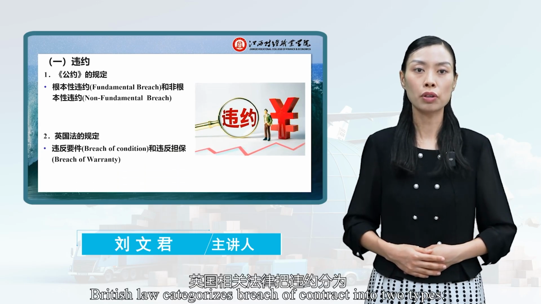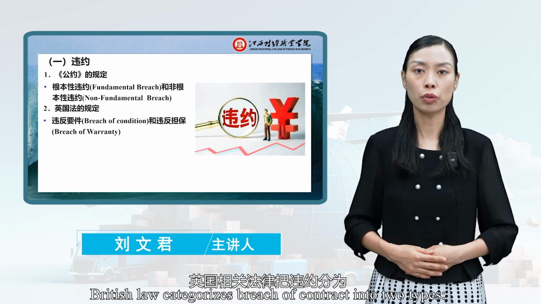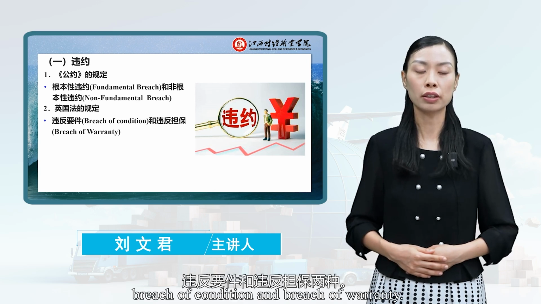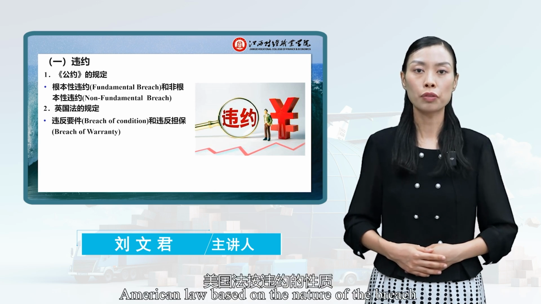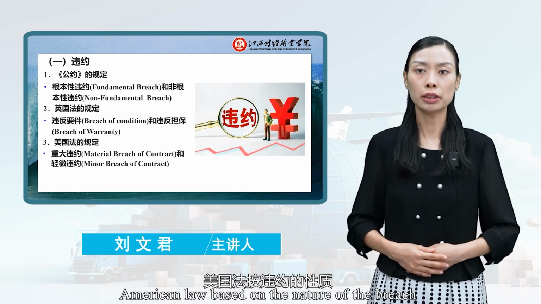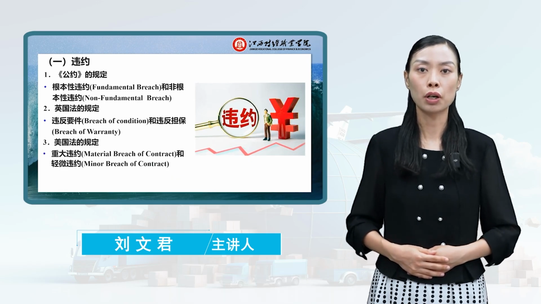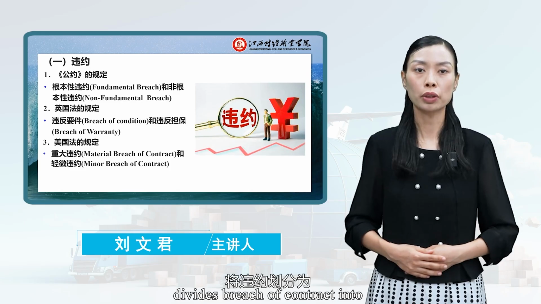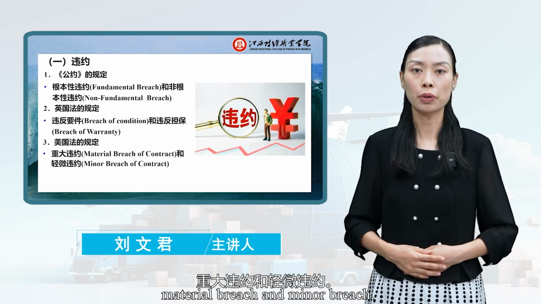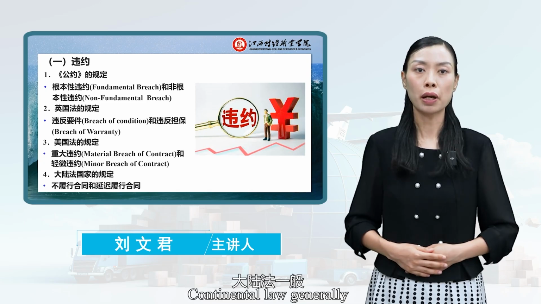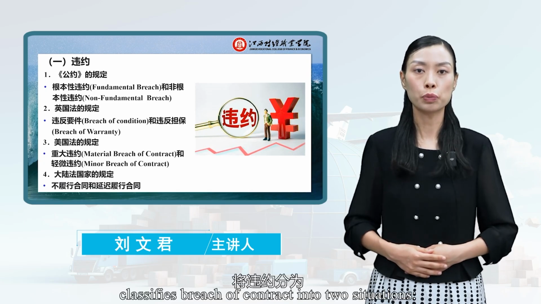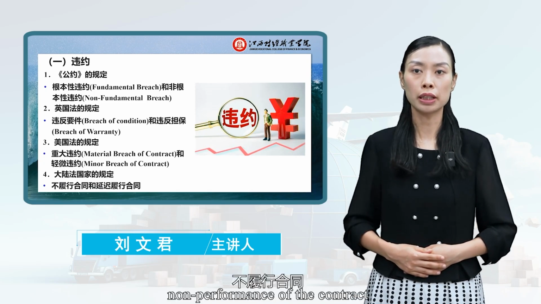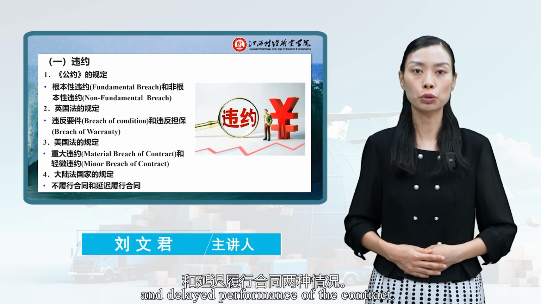British law categorizes breach of contract into two types: breach of condition and breach of warranty. American law, based on the nature of the breach and its consequences, divides breach of contract into material breach and minor breach. Continental law generally classifies breach of contract into two situations: non-performance of the contract and delayed performance of the contract.